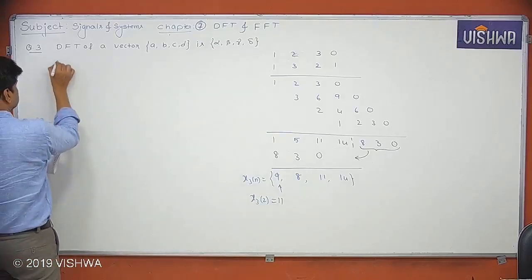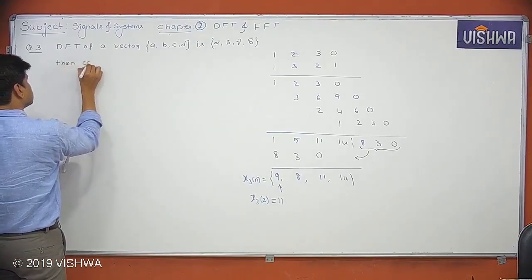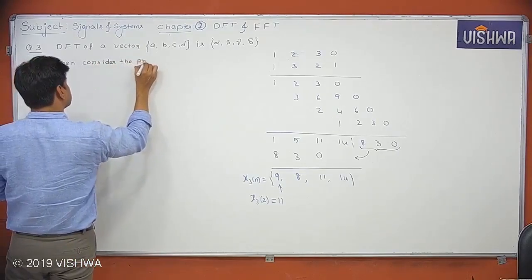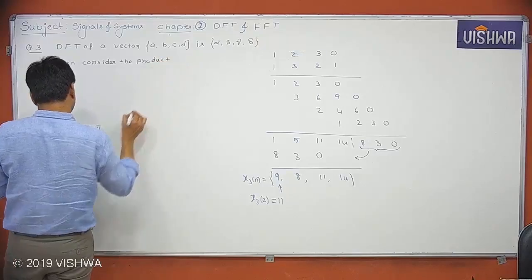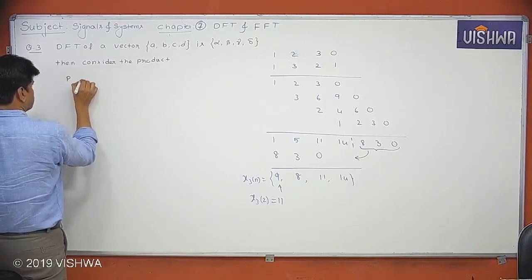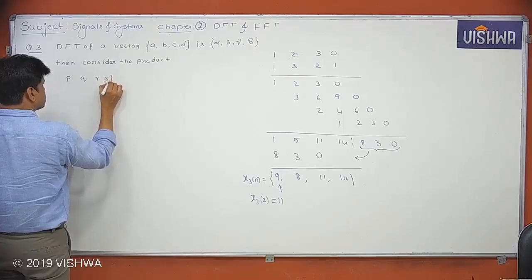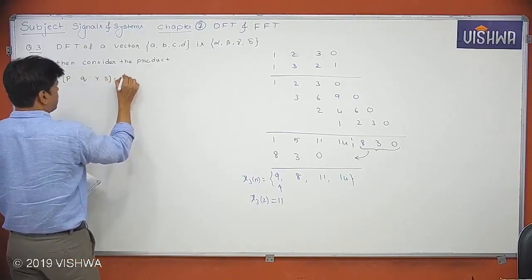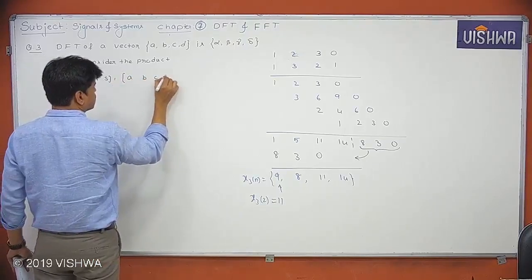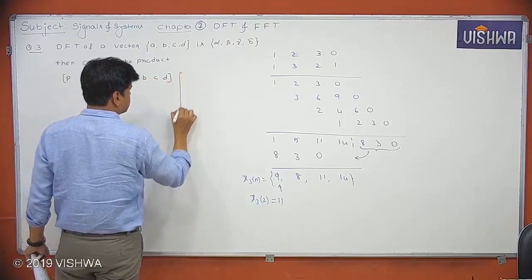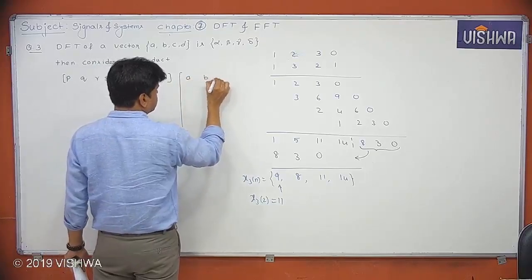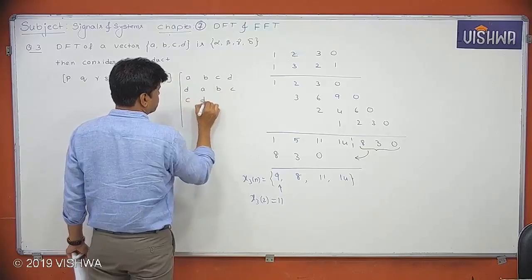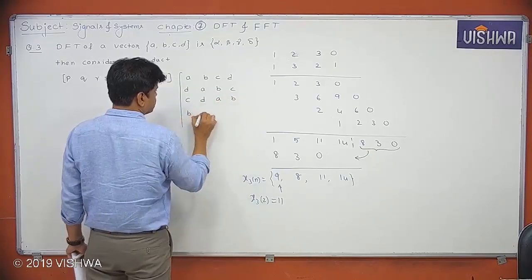Then consider the product P, Q, R, S is equal to A, B, C, D, A, B, C, D, D, A, B, C, D, A, B, C, D.